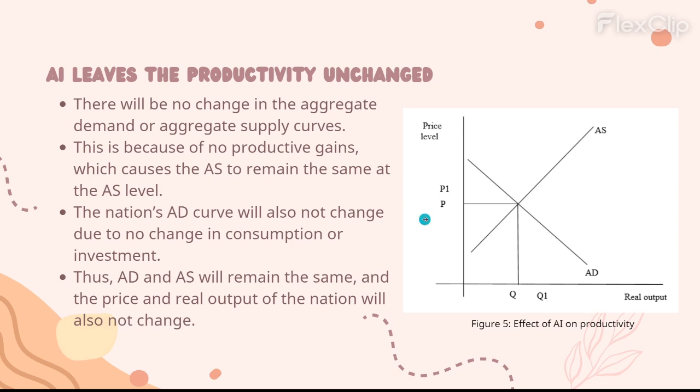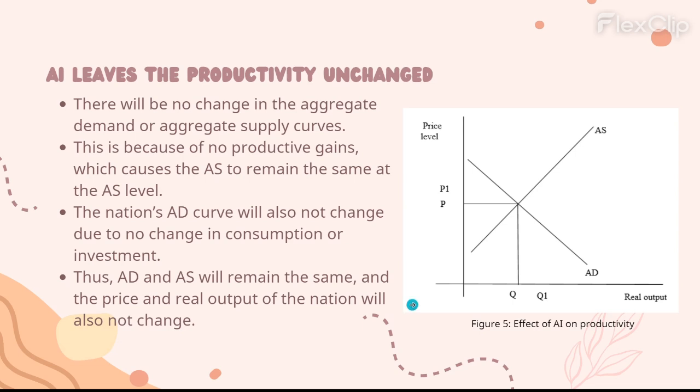However, slide 9 shows that AI can leave the productivity of the economy largely unchanged. It means that there will be no change in the aggregate demand and aggregate supply curve of the nation. AI will not have any productivity gain in the economy, which does not affect the AS curve.